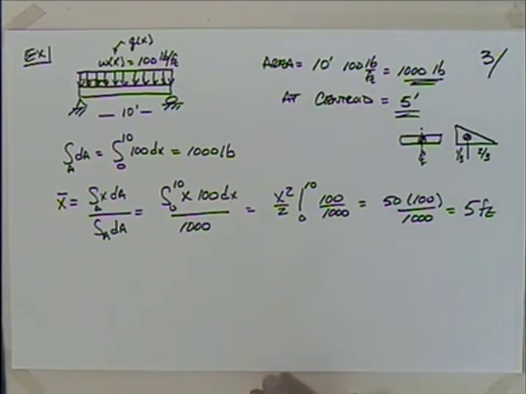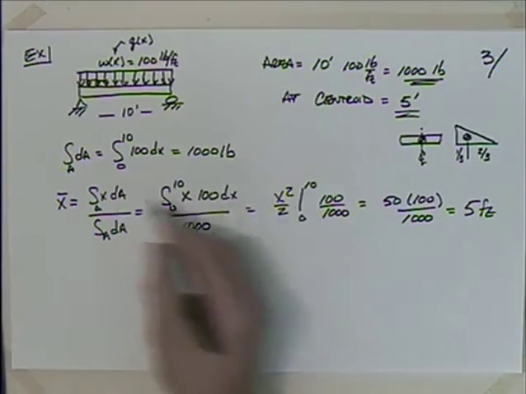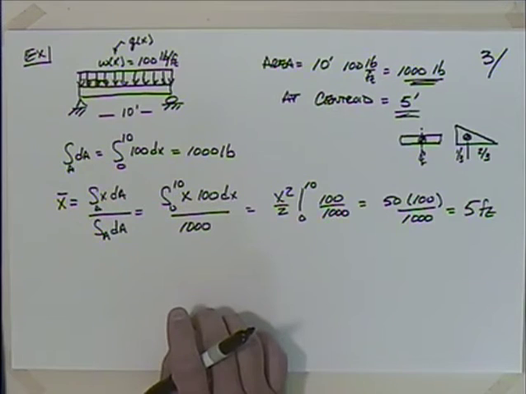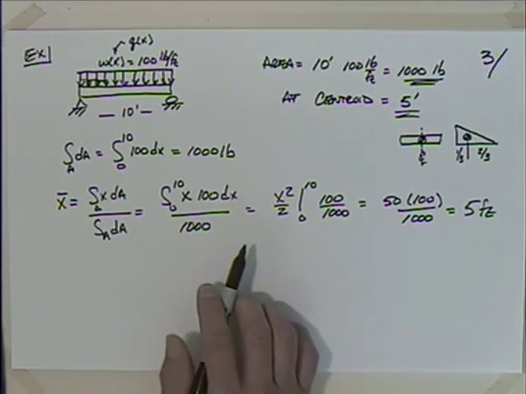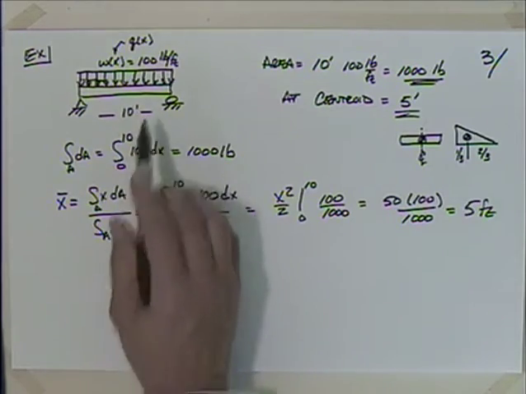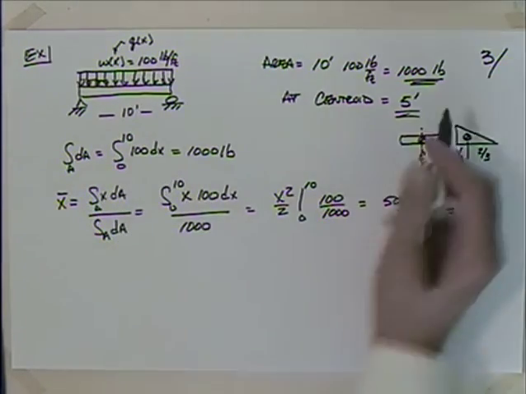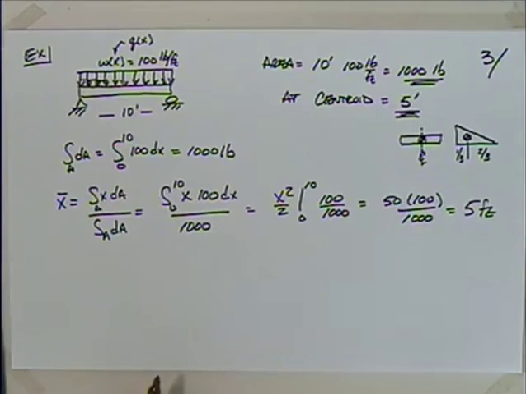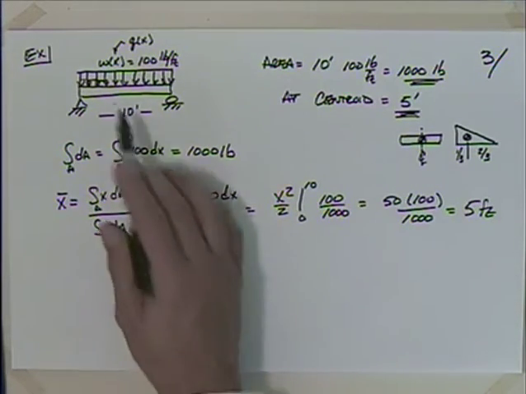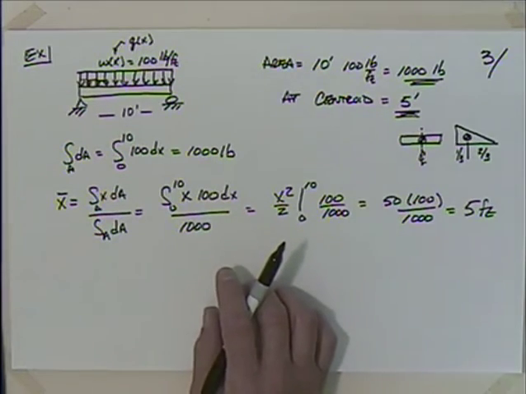So on a simple problem like this, you're probably not going to go through the calculus. But I think it's always good to take a problem that we know the answer to and try our calculus on it, because sometimes if we get into a problem that is a shape we don't recognize, this calculus can be useful.